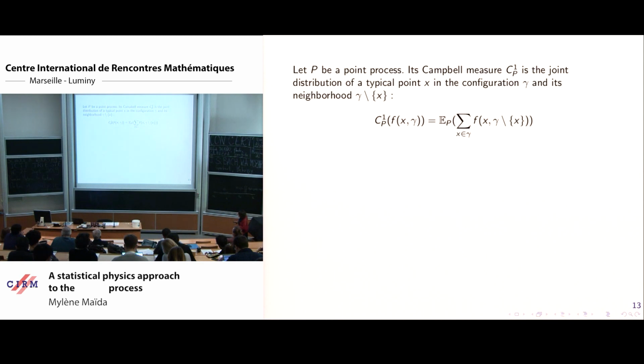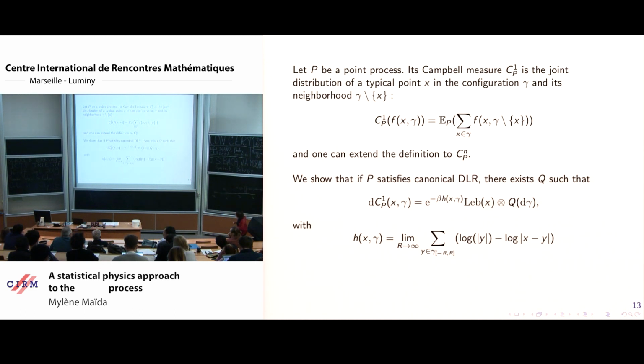Okay, and this is called the Campbell measure. You can extend the definition here to C_P^n, that would be a typical n-tuple of points in the configuration gamma.